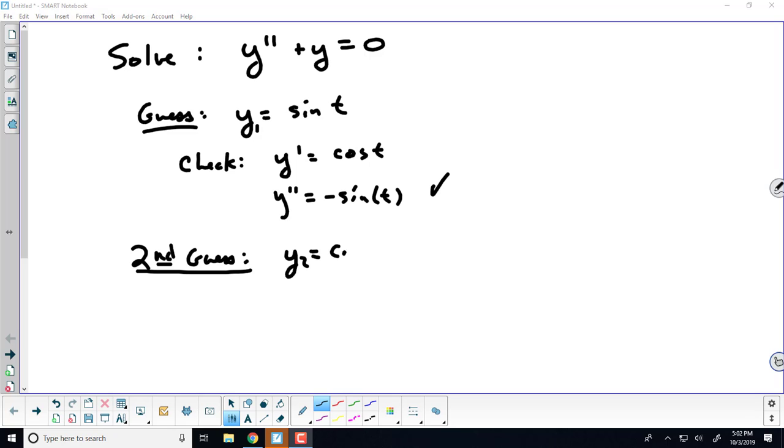So if we took y2 equal to the cosine of t, then y2 prime would equal minus the sine of t, and then y2 double prime would give us minus the cosine of t, and you can check that visually. It works in the system. Okay.